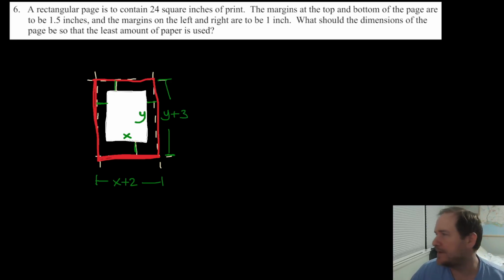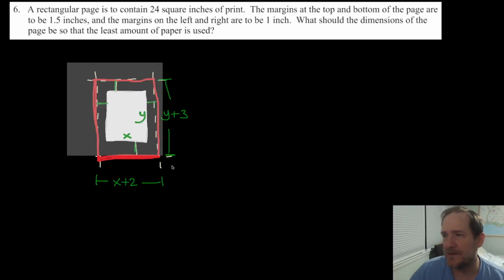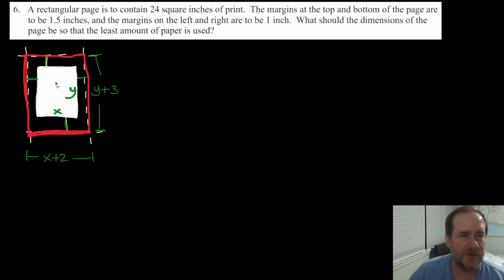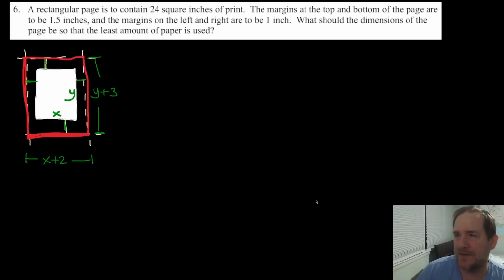So there's the initial setup of the problem: you've got a piece of paper that's x plus 2 by y plus 3, and the inner area is x by y, and then our constraint equation has to do with the fact that that printable area has to be 24 square inches. So we can say that our constraint is x times y has to be 24.